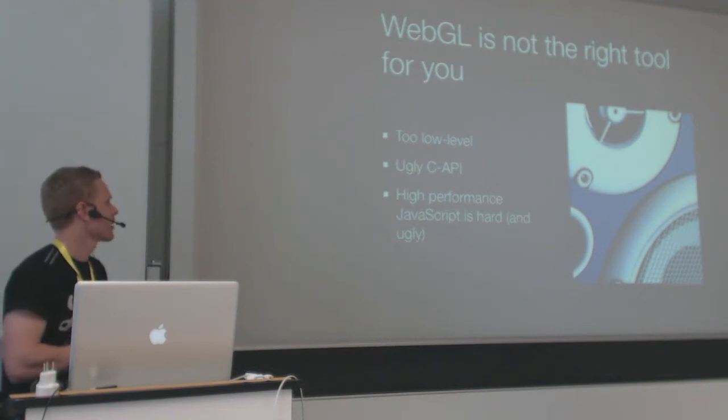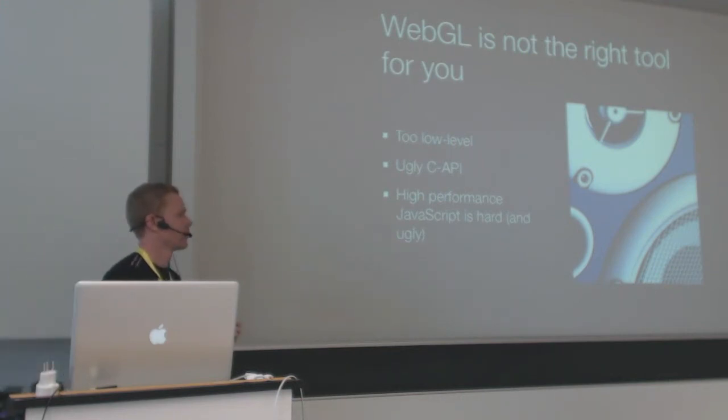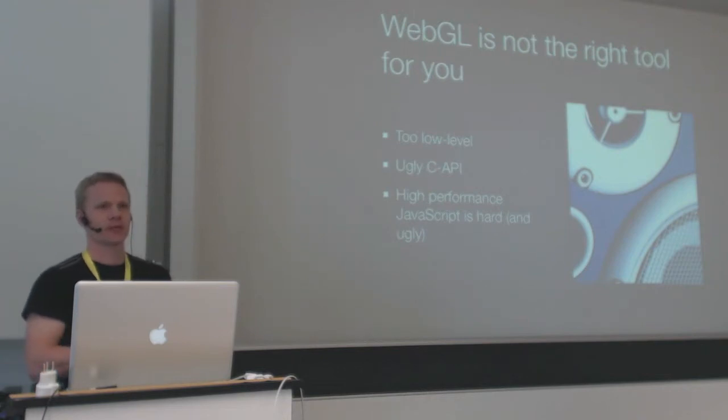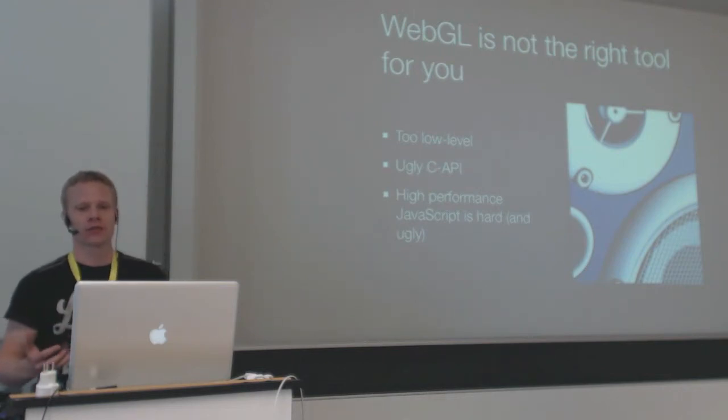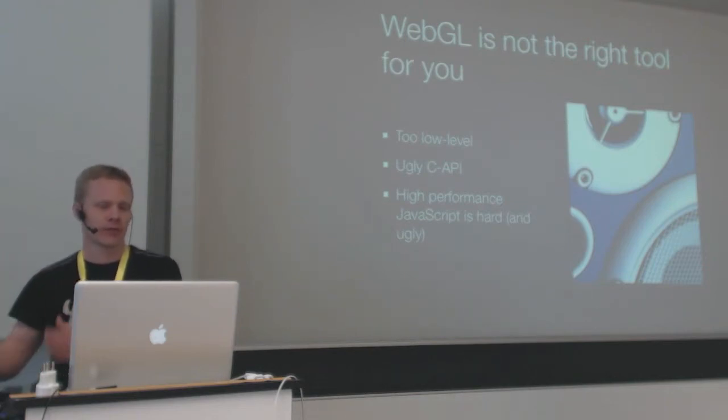And finally, we need to write very high performance code, and this can be fairly tricky in JavaScript. I will give some examples that show that it's in some cases more difficult than writing C++ code.